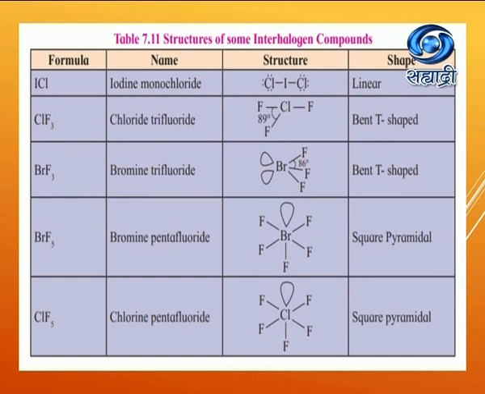This we already discussed. Similarly, bromine trifluoride, BrF3, also has a bent T-shaped structure. Then bromine pentafluoride, BrF5, the structure is square pyramidal. And chlorine pentafluoride, ClF5, structure is again square pyramidal.